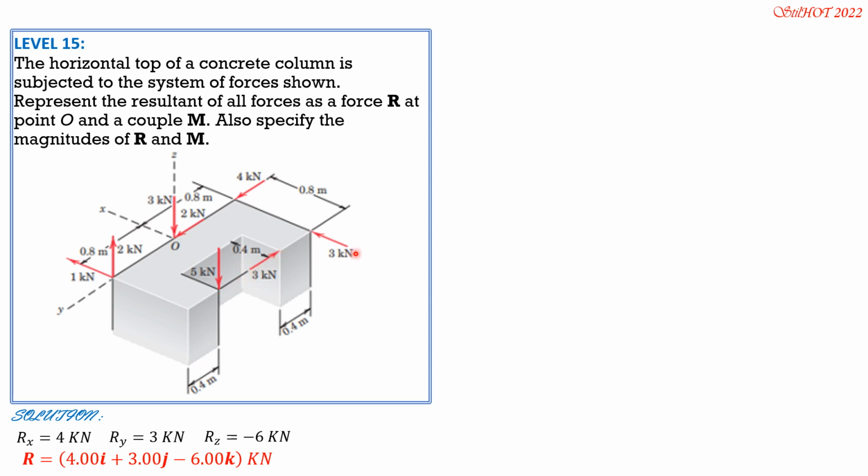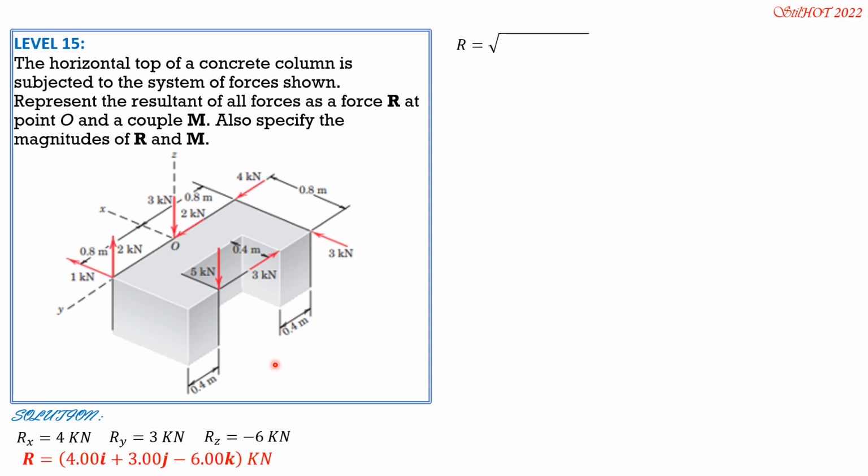And these 2, 1, and 3 are parallel, not involved. So only these vertical forces, but this one, 3 kilonewton, is on OX, so no moment. So it is positive 2 times 0.8 minus 5 times 0.4. 0.4 is 0.8 minus 0.4.